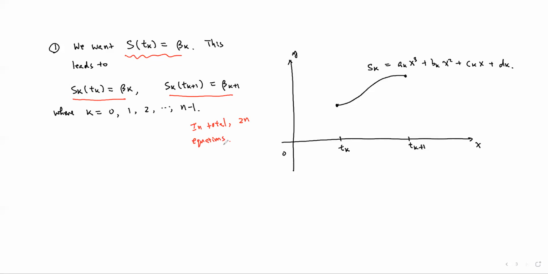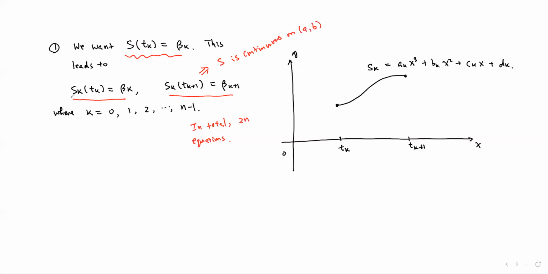Now, how about other equations? This is number 1. When S_k satisfies these two conditions, these two equations automatically imply S is continuous on AB.